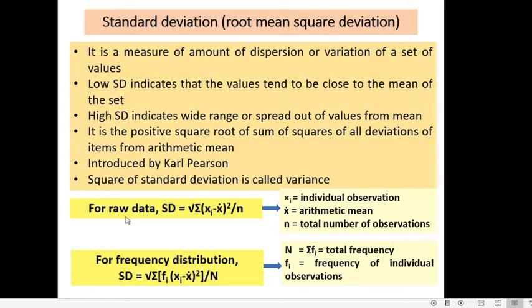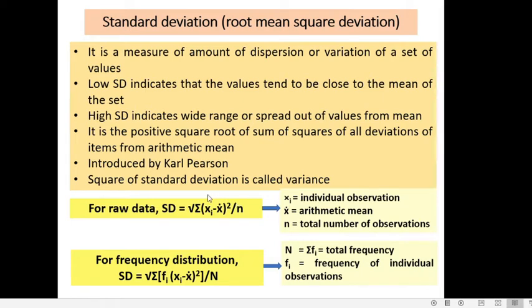Suppose the data is raw. That means we don't have a frequency distribution. We have just got raw data which consists of a number of observations. There, the value of SD is equal to the square root of sigma (xi minus x dash) the whole square by n, where xi refers to each individual observation, x dash is the arithmetic mean or the average of all the observations, and n the total number of observations.